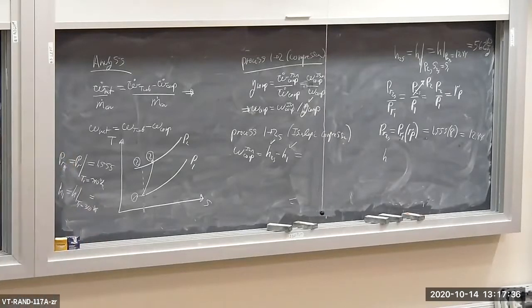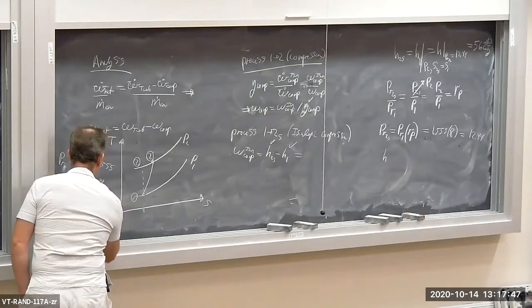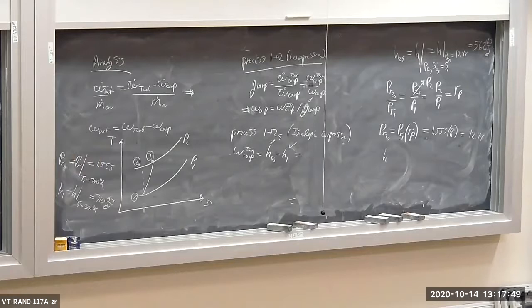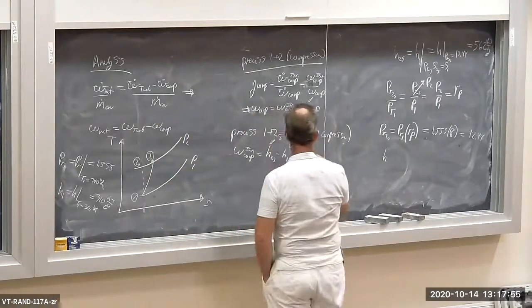Should be about 310 kilojoules per kilogram. And that's from IGB tables.